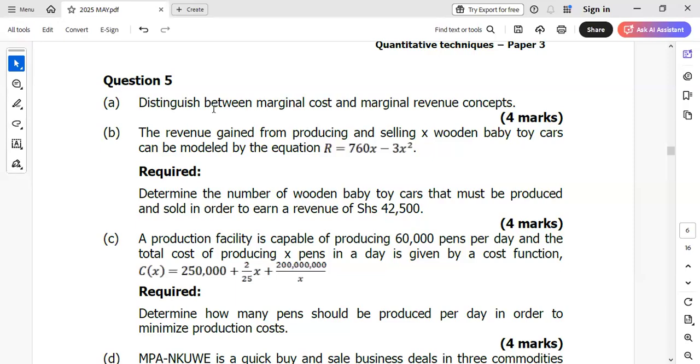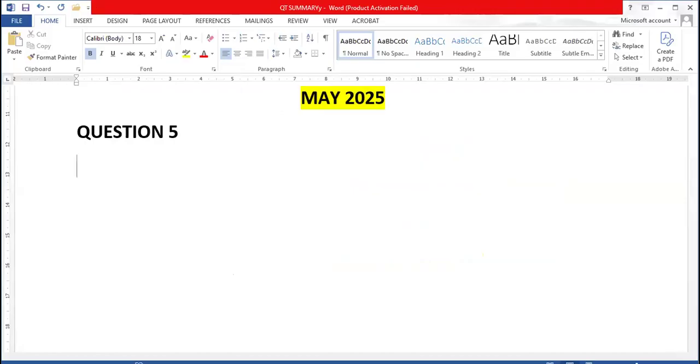Okay, here: distinguish between marginal cost and marginal revenue. Part A, we are talking about marginal revenue. What is marginal revenue?